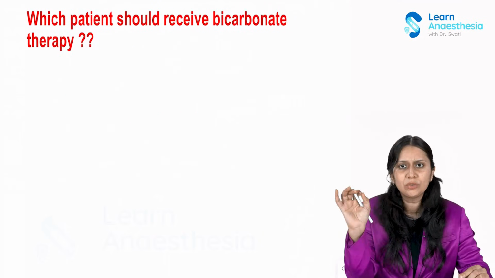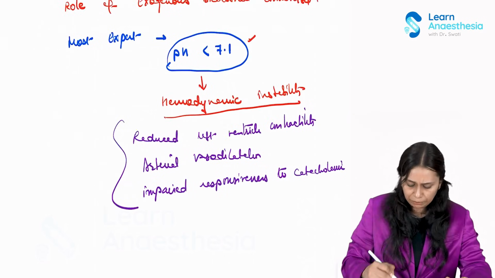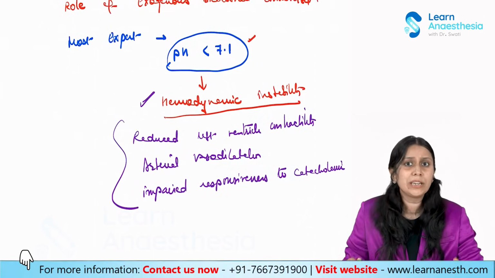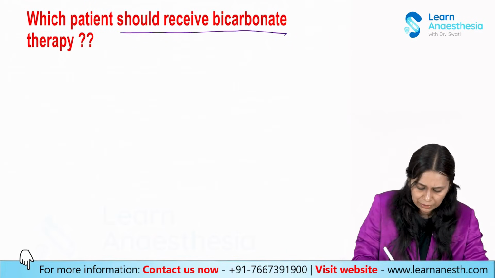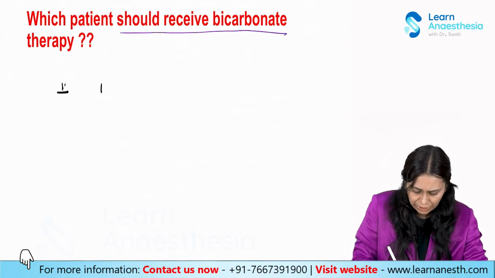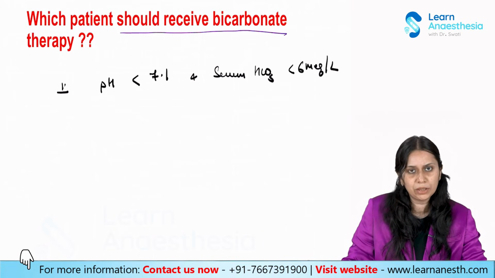So, which patients should receive bicarbonate therapy based on this recommendation followed by most of the experts? There are two indications of bicarbonate therapy. Number one, if pH, as I said, is less than 7.1 and serum HCO3 less than 6 milliequivalent per liter, then we go for bicarbonate therapy.